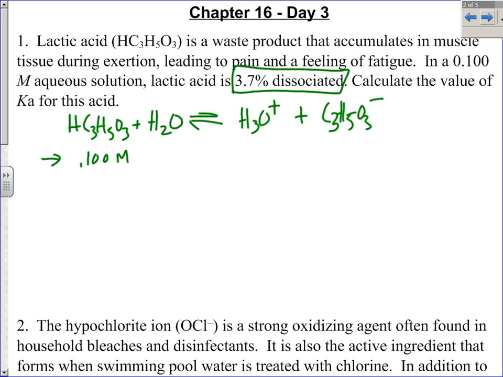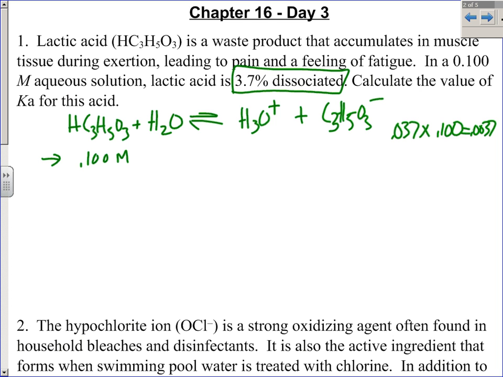So what I really need to do is take 3.7%, which would be 0.037, and I multiply that times my concentration, which is 0.100, and that would tell me that my concentration dropped by 0.0037. So 3.7% of 0.100 is 0.0037.